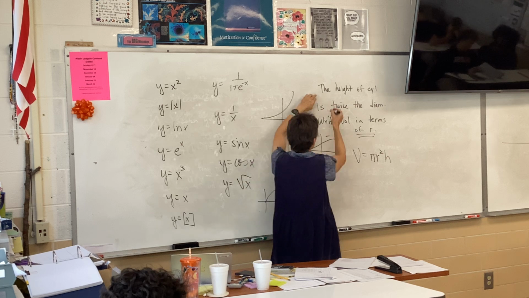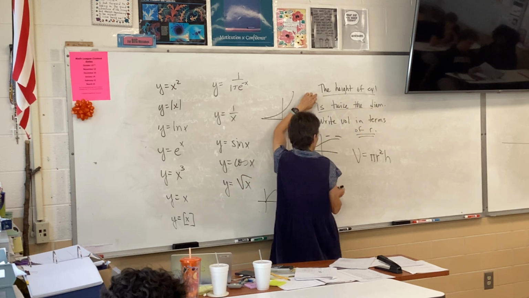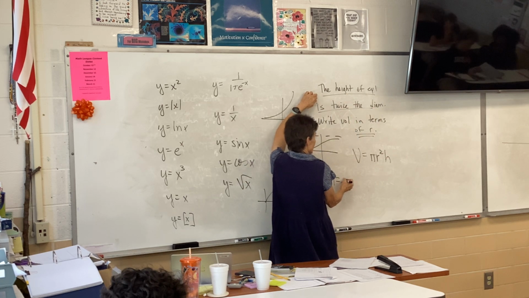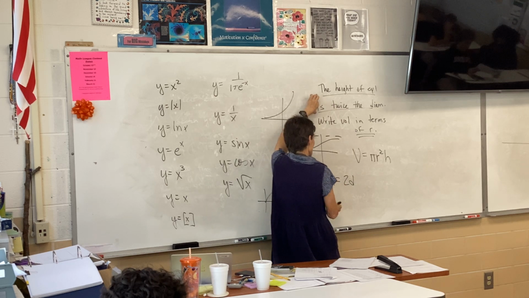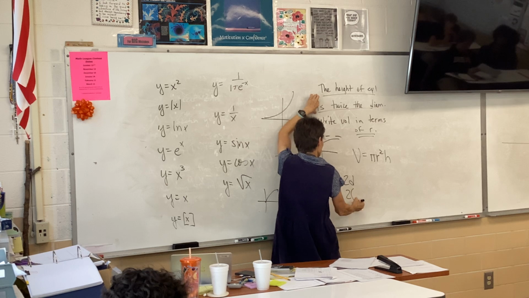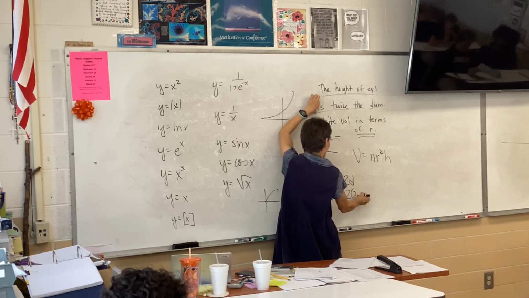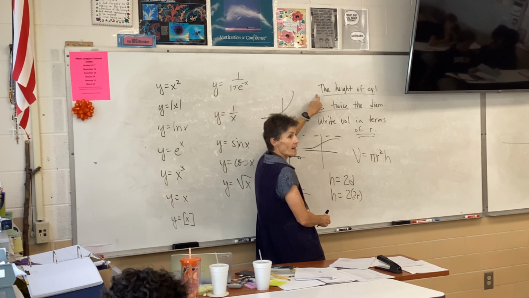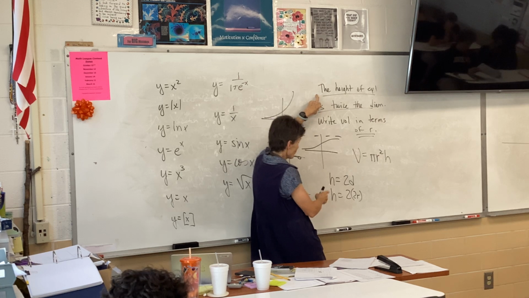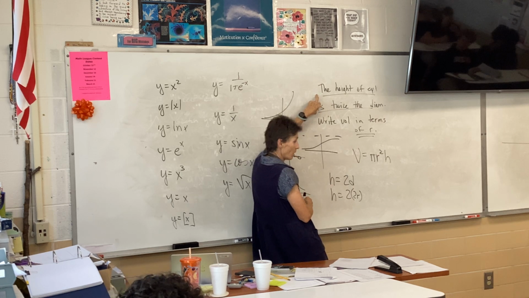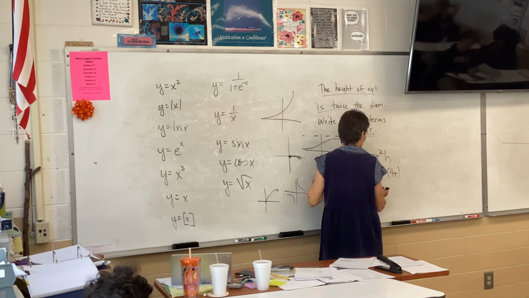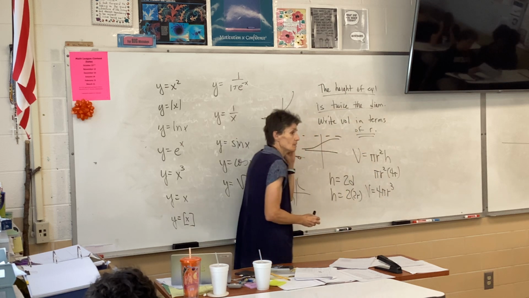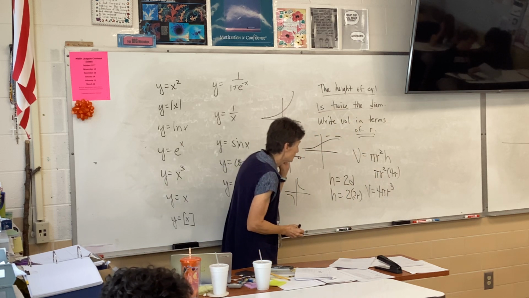So I'm going to go back to this right here, and it says height is twice the diameter, which means height is 2 times 2 r's, because diameter is 2 r's. So height is 4 r's, so pi r squared times 4 r's, 4 pi r cubed. You have to do that last step.